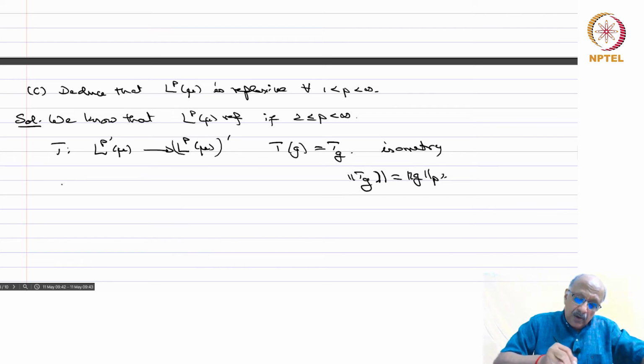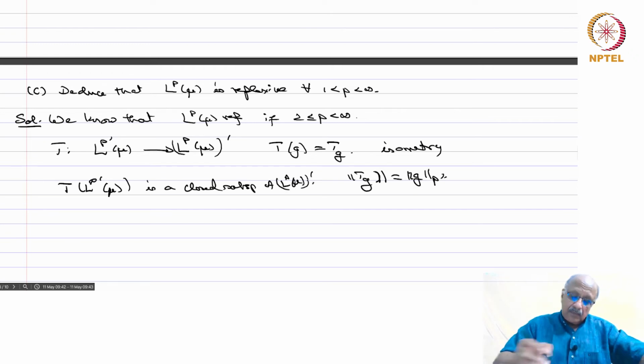So T of L^p'(μ) is isometrically a closed subspace of L^p(μ)'.